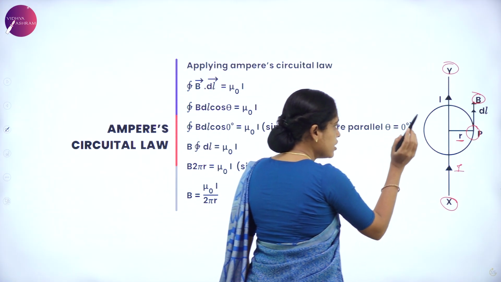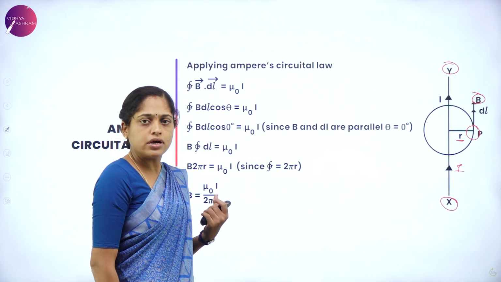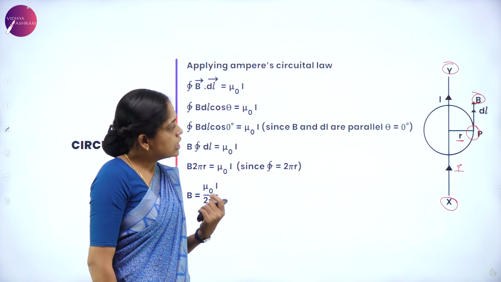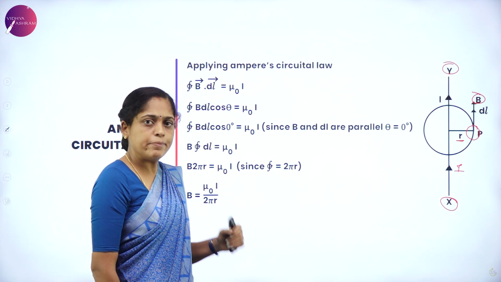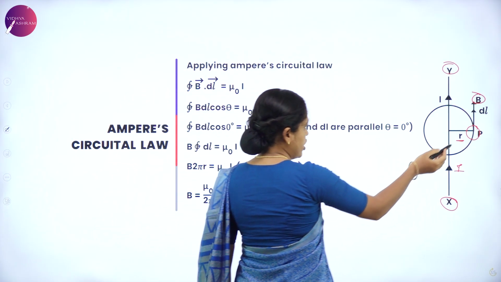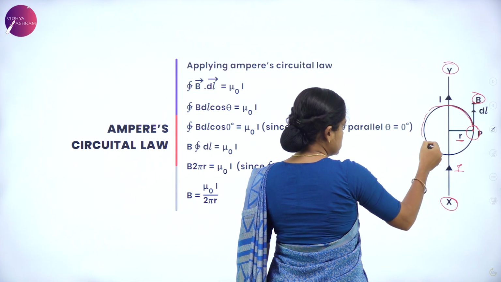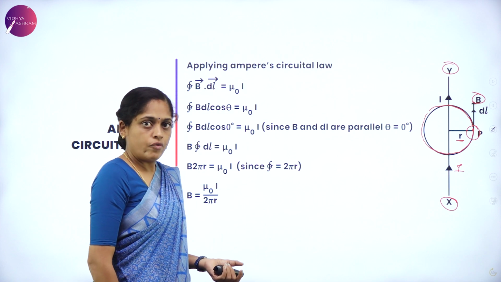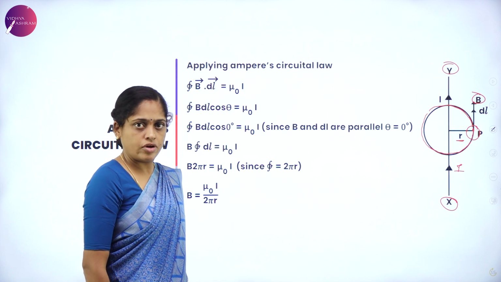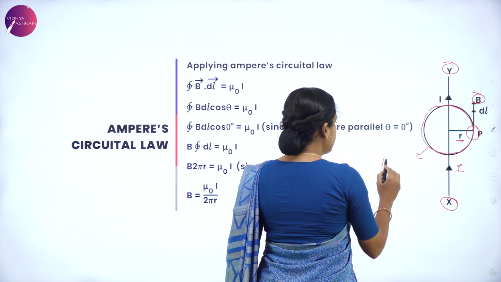To find the magnetic field strength, we have to apply Ampere's circuital law. Ampere's circuital law is applied by considering an imaginary closed surface, like in Gauss law, where you consider the Gaussian surface. In the same way here, you have to consider an Amperian loop.